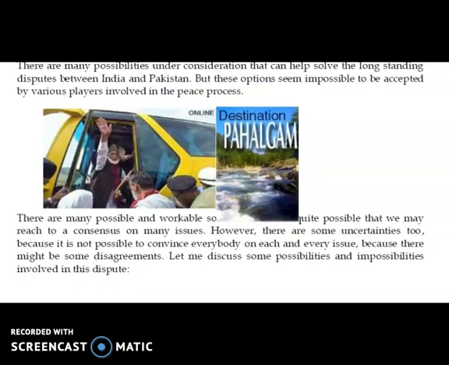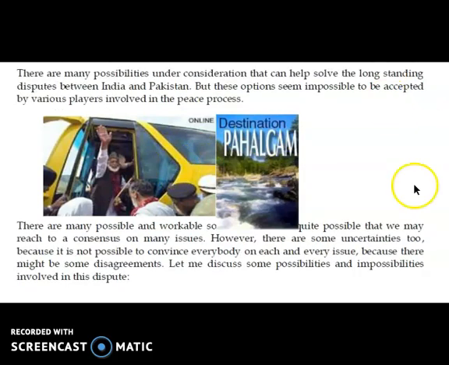You can notice a number of such modal verbs which depict that these are all showing some possibility. Directly you are using the words possible and impossible, no doubt, but you're also using some modal verbs. You can highlight here and you will see how you are using different modal verbs to express this, like, but these options seem impossible, right?